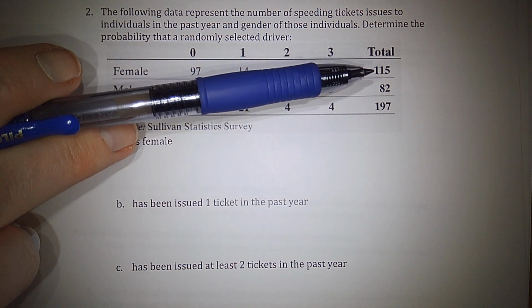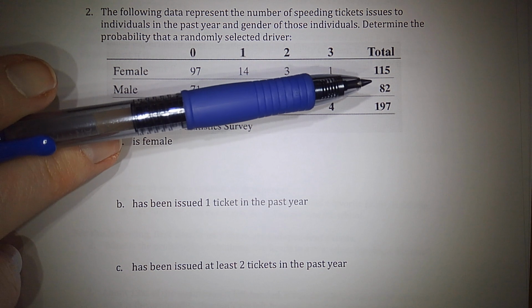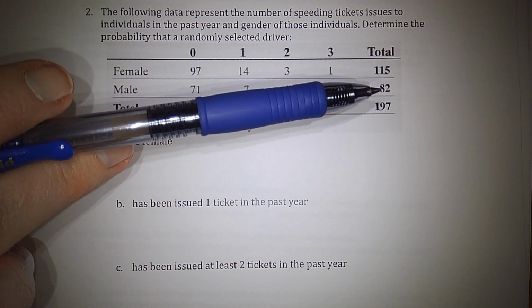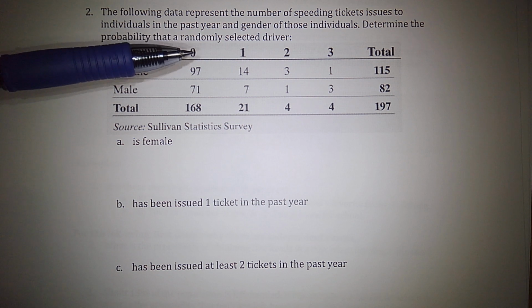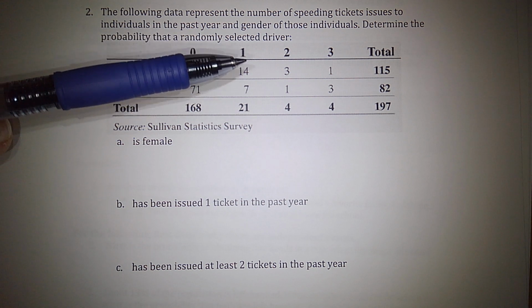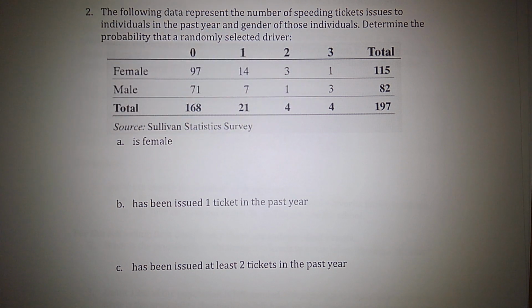So there were a total of 115 females that must have been pulled over. There were 82 males that were pulled over. 71 of them did not get a ticket. 7 got 1 ticket, 1 male got 2 tickets, and 3 males got 3 tickets in the last year.